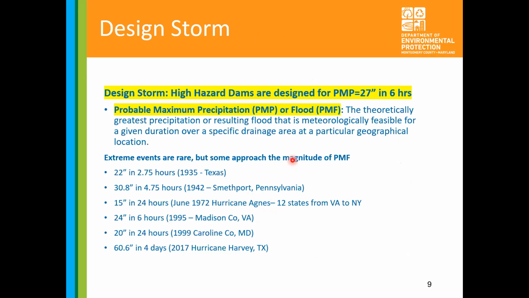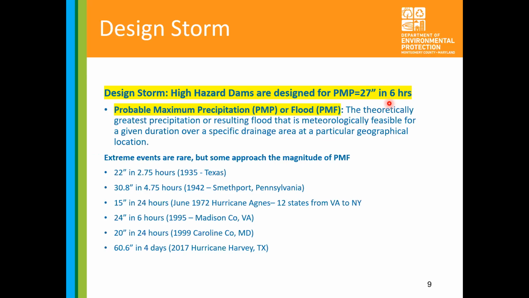High hazard dams are designed to the highest standards, obviously, and the high standard for this area is probable maximum precipitation, which is equal to 27 inches of rain in 6 hours.